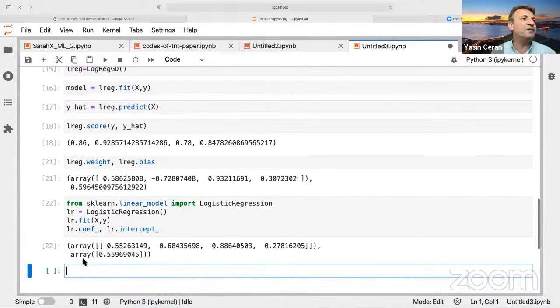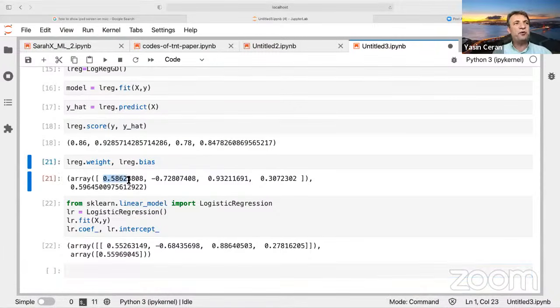Coefficients are coming differently. Not so different, but you see they are not so different, right? So 0.58, 0.55, negative 7.72, negative 0.68, 0.93, 0.88, 0.3. So coefficients are pretty close, right? So let me see. Yeah.